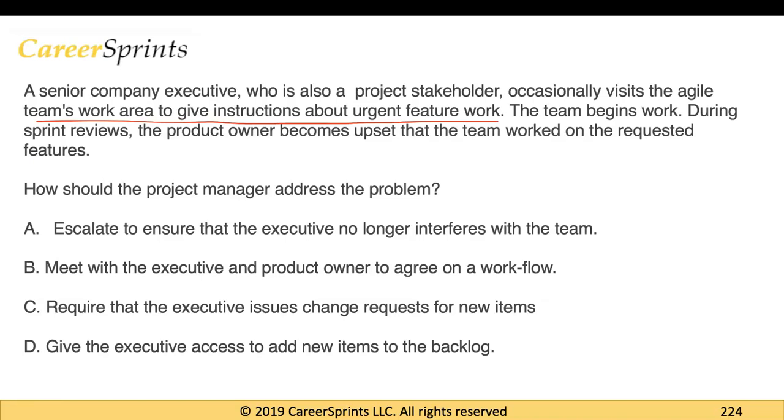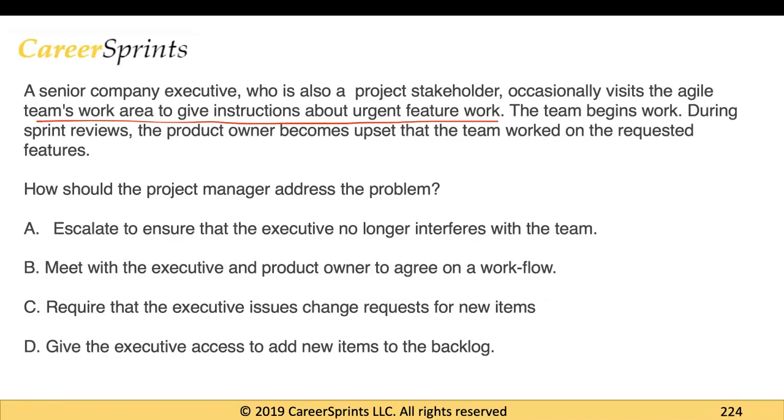So basically what's happening in this scenario is that there is a senior company executive who's also a stakeholder giving instructions or asking the team to work on some features, right? And the team is working on those features based on what that stakeholder is saying. Now, we must understand that in the world of Agile, any stakeholder needs to go through the product owner to get any features included in the product backlog.